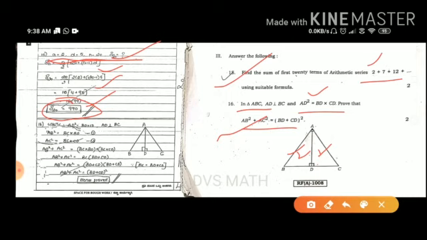The same thing you can apply for BC into BD. Adding both, finally the proof. BC equals BD plus CD, the given, you can use it and solve it.